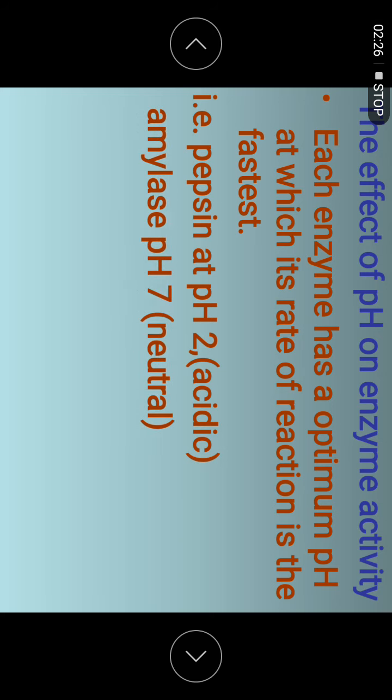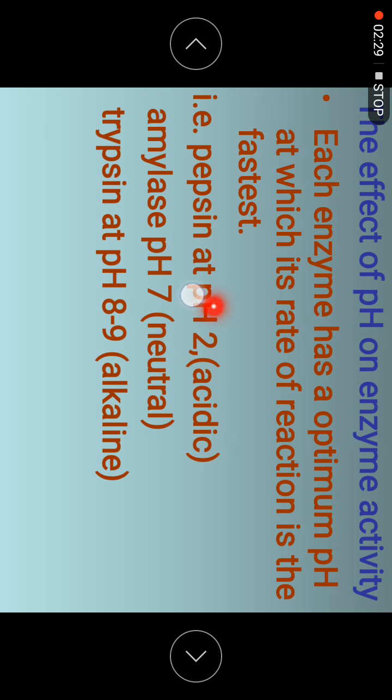For amylase, the best one is 7. It's found in the mouth and also the duodenum, from the pancreas. Then trypsin is pH 8 to 9, a little bit of alkaline there, in the small intestine. So we will see how.